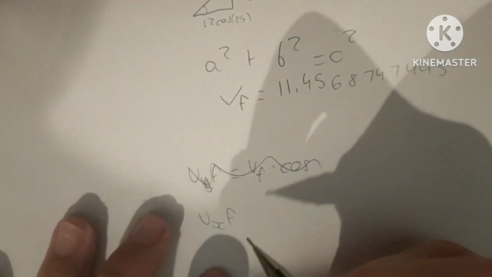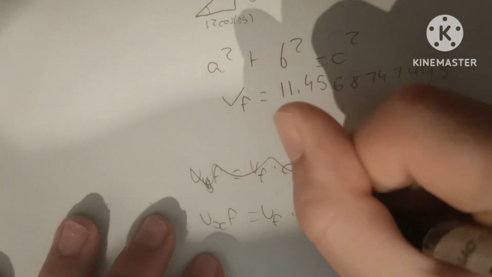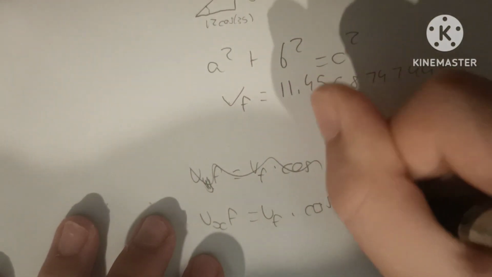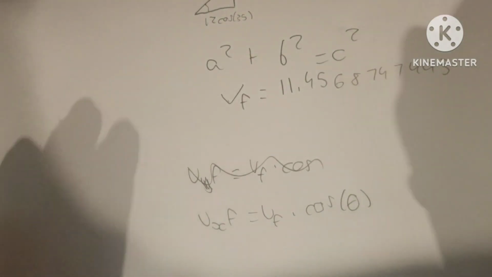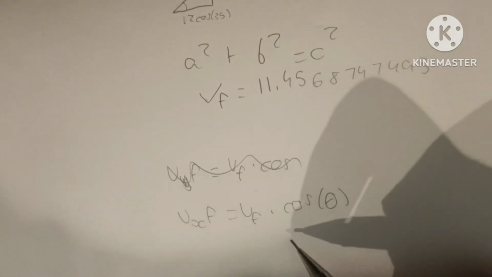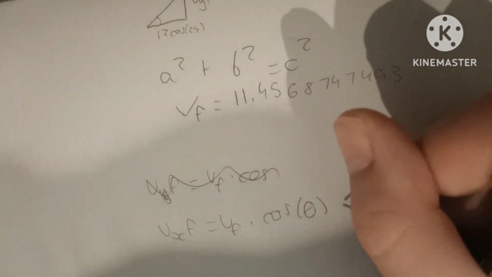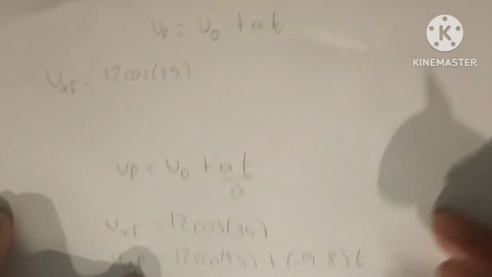So what we want to do now is, in reference to the individual components, work out an angle. So the final x velocity would be equal to the final velocity times the cosine of theta, because we will be dealing with the angle as theta, and then we can solve using inverse trigonometric functions, but that's later. Now, this will be set equal to what we already established here as the x final velocity, so 12 cosine of 35.